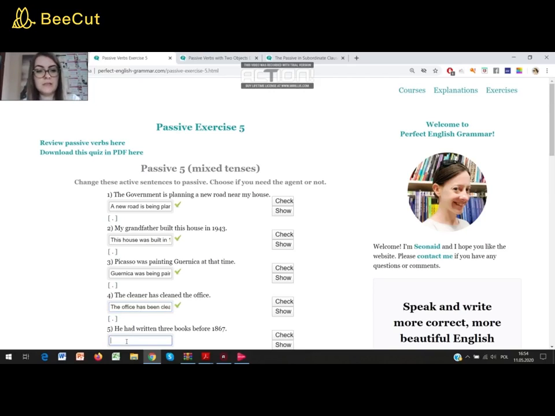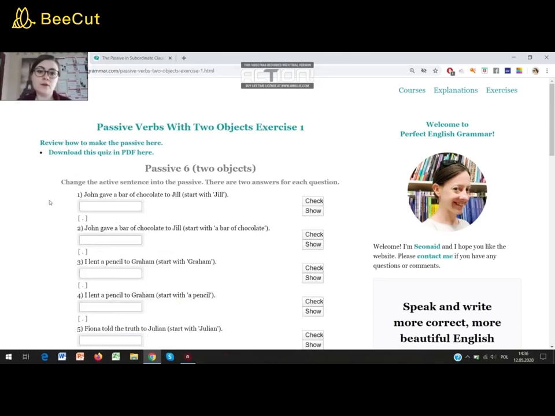And the last one, he had written 3 books before 1867. So 3 books had been written before 1867. Okay, so let's try to do some more exercises, some more examples on passive. And here we'll have some exercises on passive verbs with 2 objects.